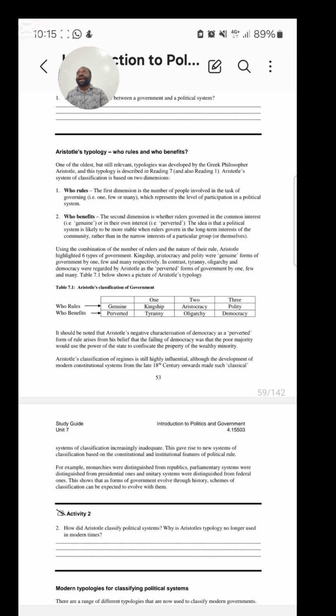If it's perverted, then you have the notion of tyranny. That is one man, the manipulation and use of force by one dictatorship, something like that. Commonly found in most authoritarian regimes. Remember?